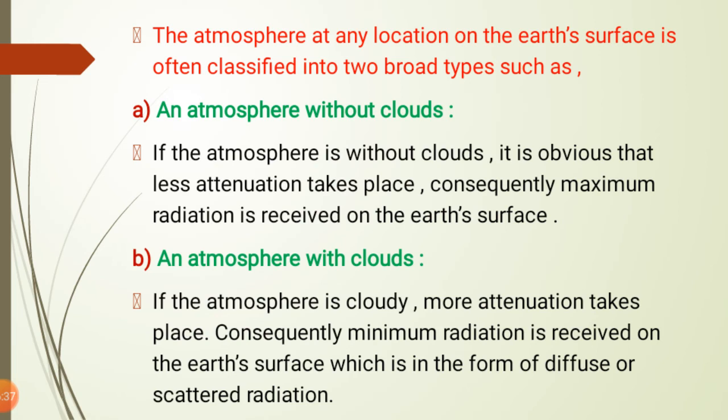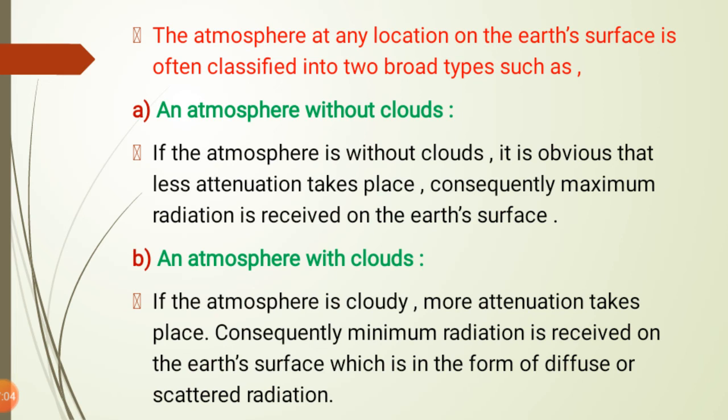That means after attenuation or after absorption or scattering due to cloudy weather, there is less intensity, that is, minimum radiation is received on the Earth surface. That is due to scattering, this radiation scatters here and there, so we will get minimum radiation on the Earth surface, which is in the form of diffuse or scattered radiation.